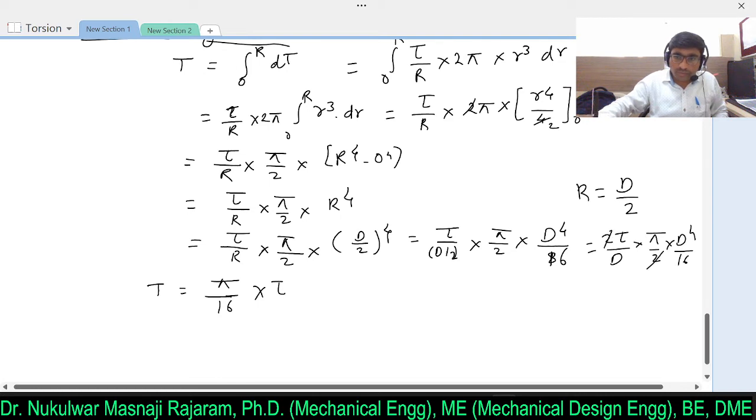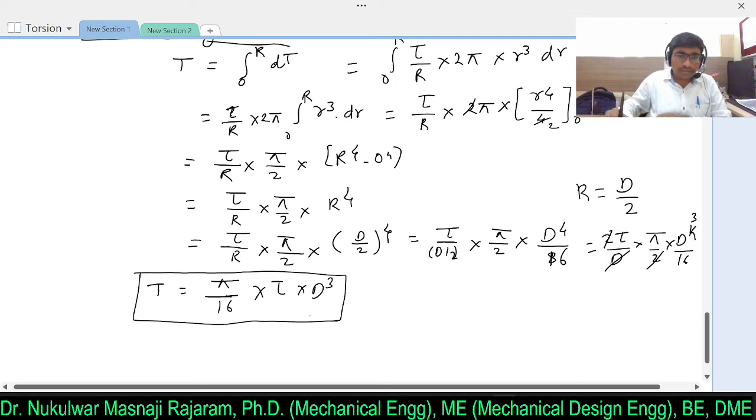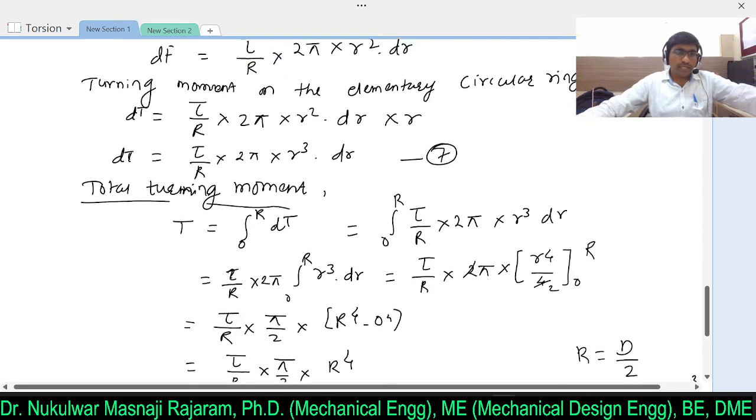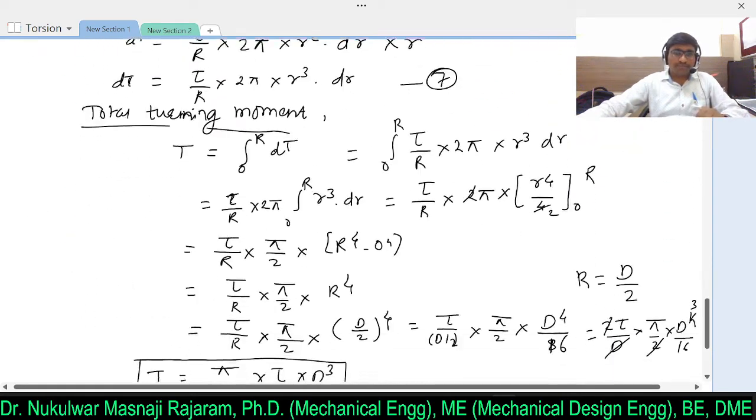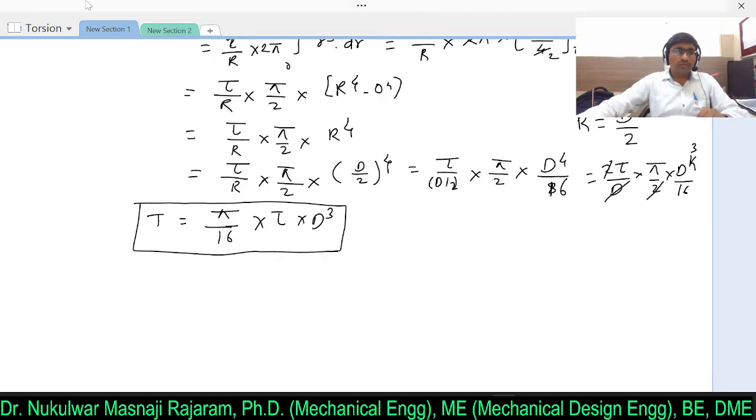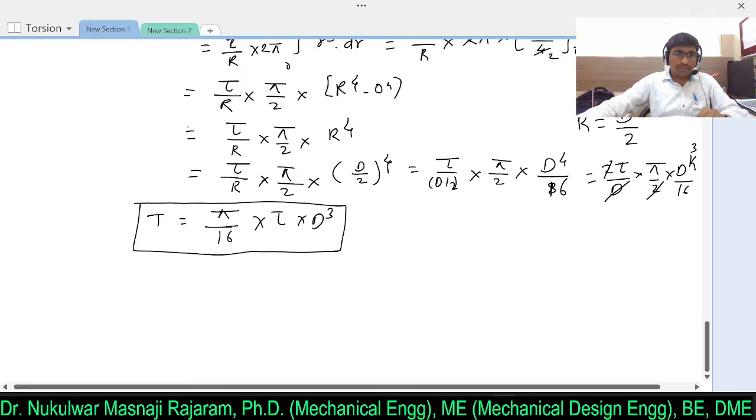This 2 gets cancelled, d and one d will get cancelled. So what is remaining? pi by 16 into tau into d cube. Clear? So this is the equation from which we can evaluate the maximum torque transmitted by a circular shaft. I hope you understand the concept.